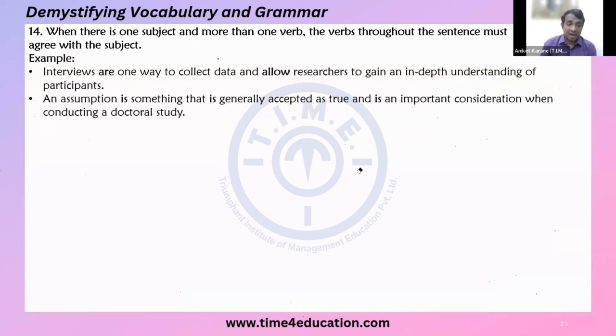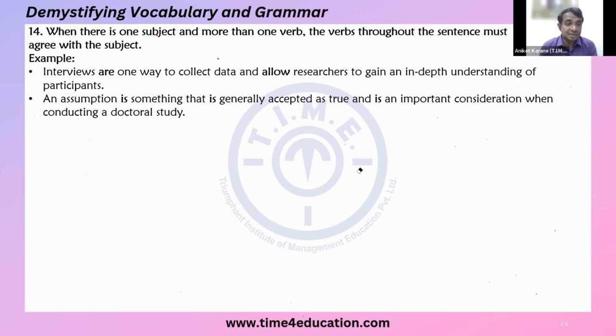So interviews are one way to collect data, and allow is the second verb. So "are" and "allow" are both verbs used for interviews. And assumption is something that is generally accepted as true and is an important consideration.